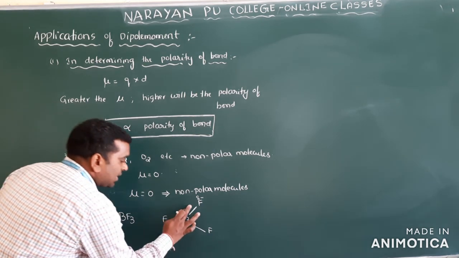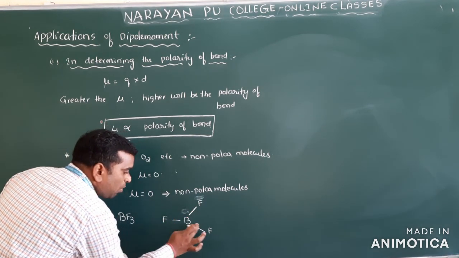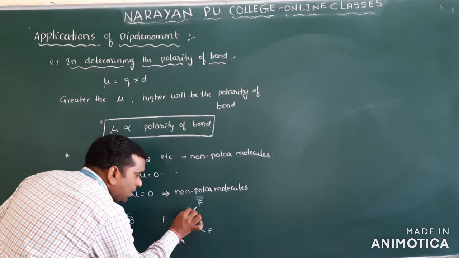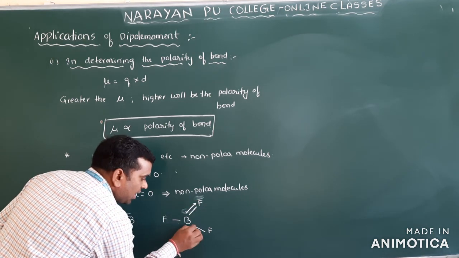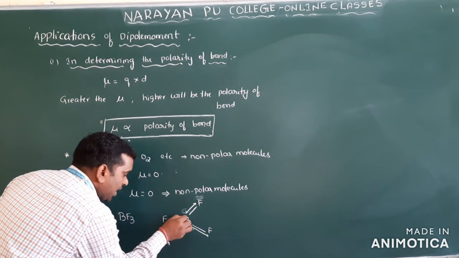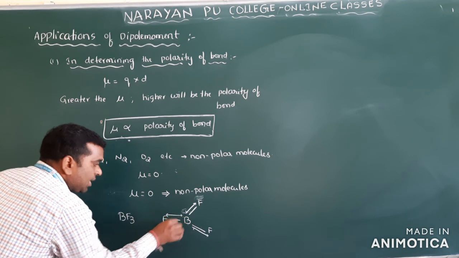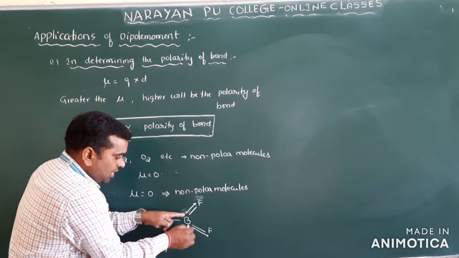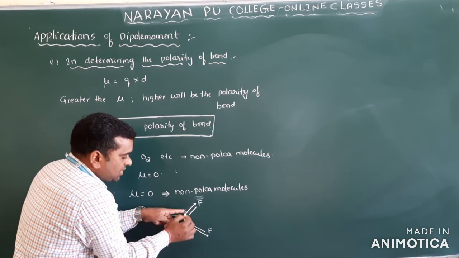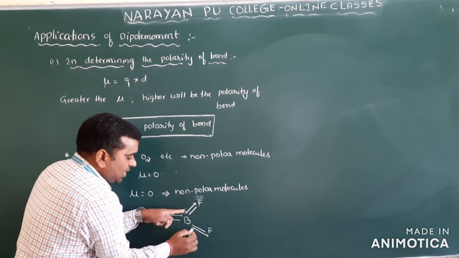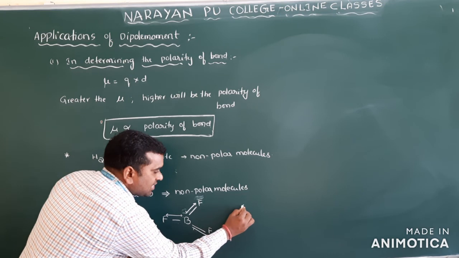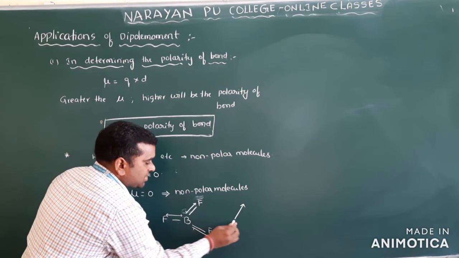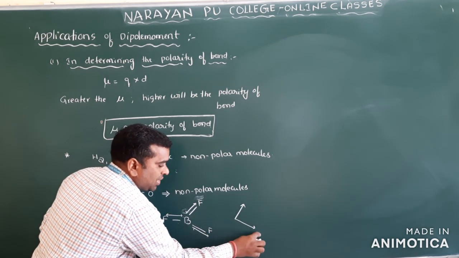But if you see the dipole moment direction, these three bonds are polar bonds, and the dipole moment direction is always towards the highly electronegative atom. Take the resultant of these two. The dipole moment direction for this bond is this, and for that bond is this.